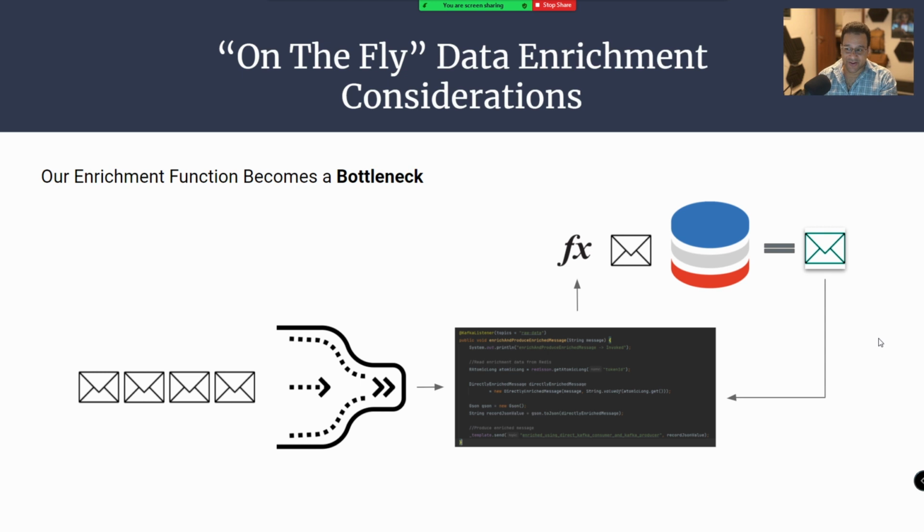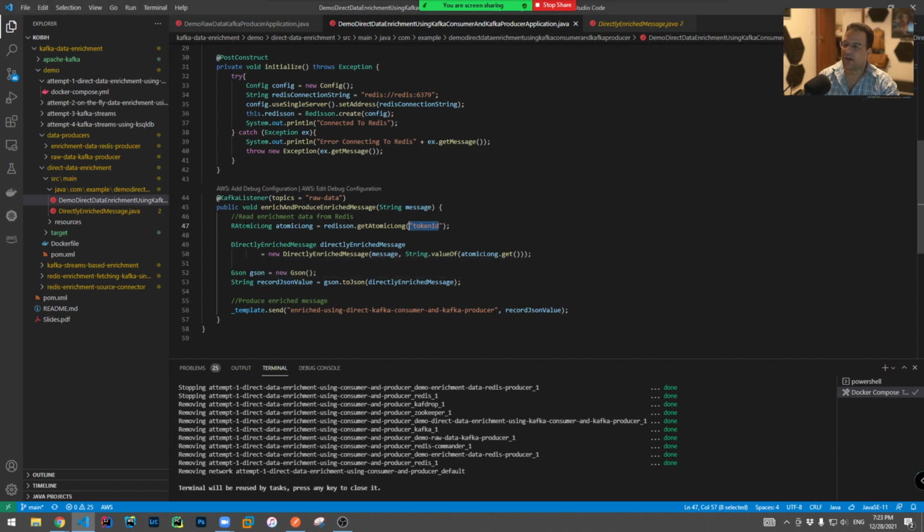Our enrichment function is a bottleneck, okay? And we see it very clearly. While we are processing this event handler, no message can arrive at this method, because this annotation creates a trigger for an event handler, and we are processing message by message.